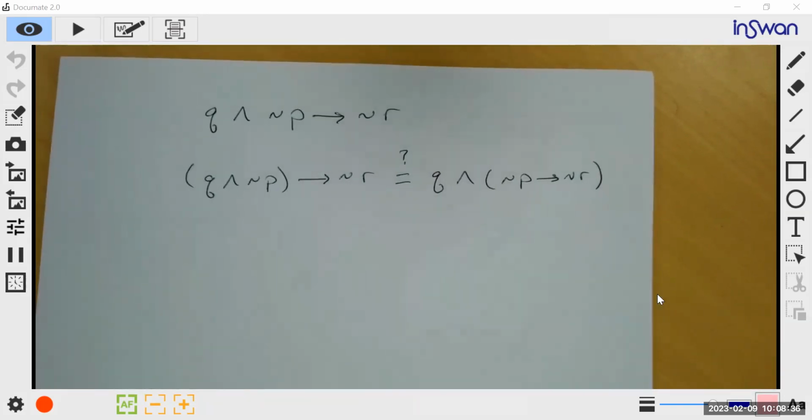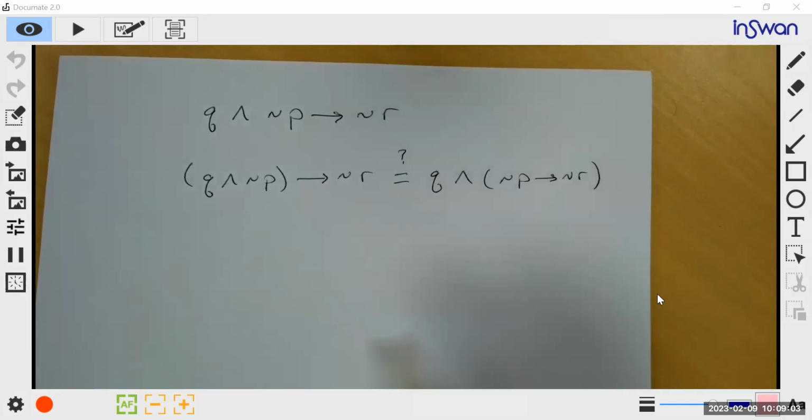Are they the same? How would you tell me if they're the same? Because there's no way you can read it the same.